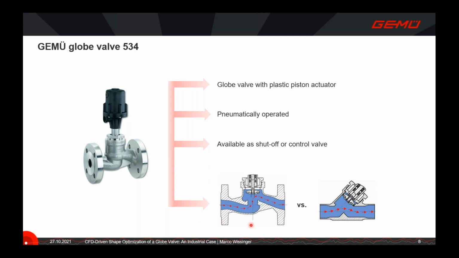Compared to the angle seat body, you have a higher pressure loss in this globe valve body because of the sharp change of direction of the flow, and therefore there's a need to create an optimized design to reduce the pressure loss in the geometry.